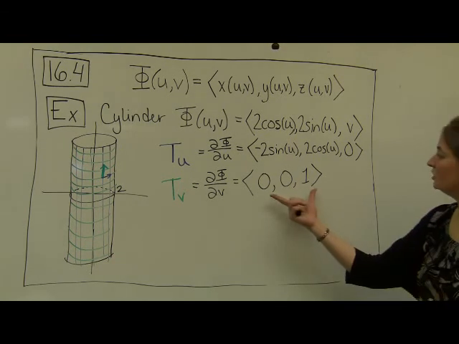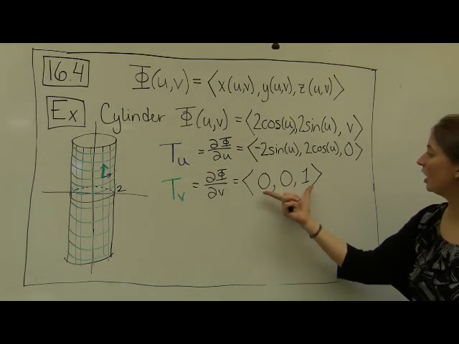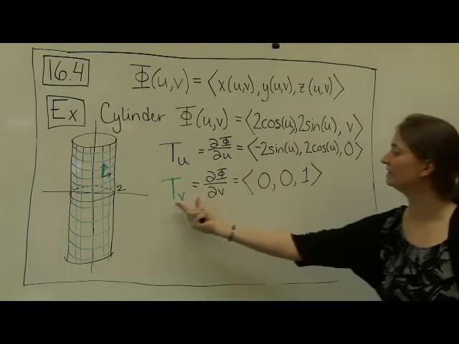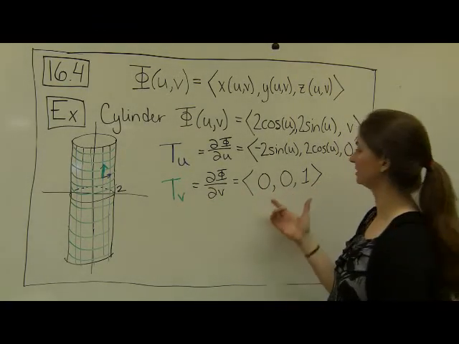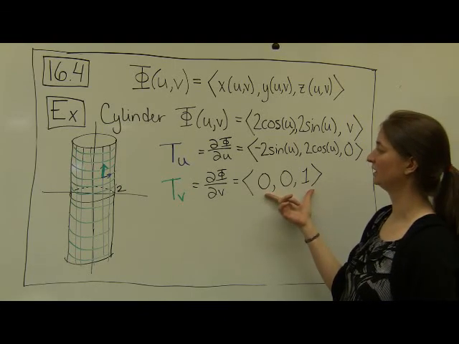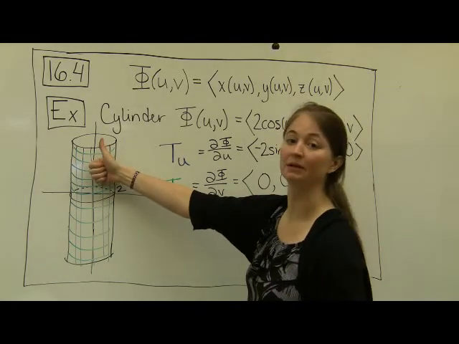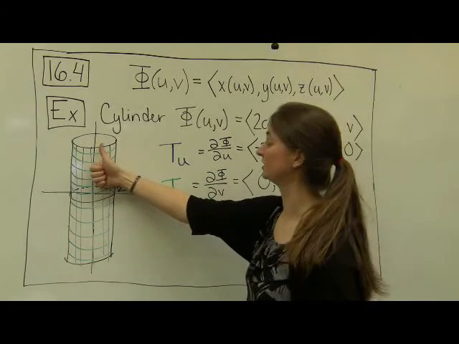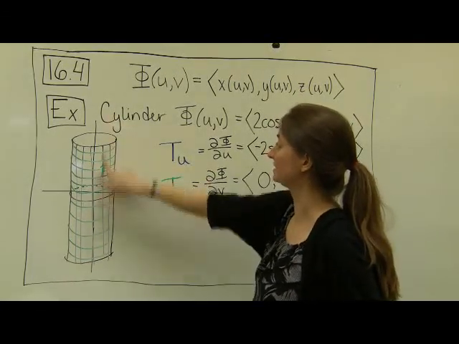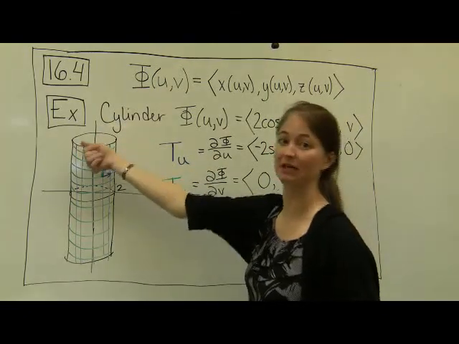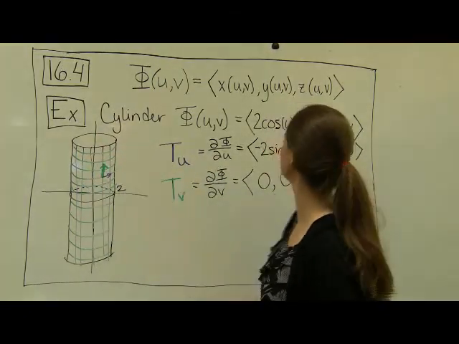That's saying that no matter what, our rate of change in the v direction is always 1, which makes sense, because this vector is just always going to be going straight up, of unit 1. Because as I go up this cylinder, it's not like tilting outward or tilting inward or going crazy directions, it's just going straight up.